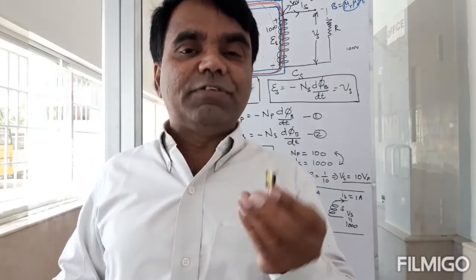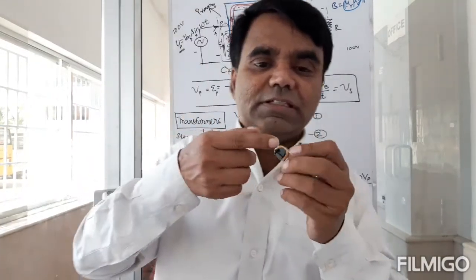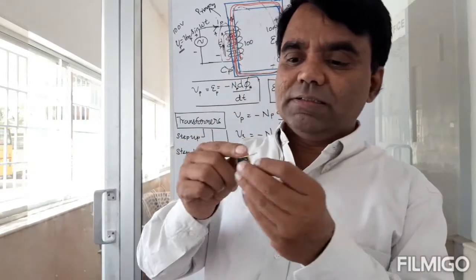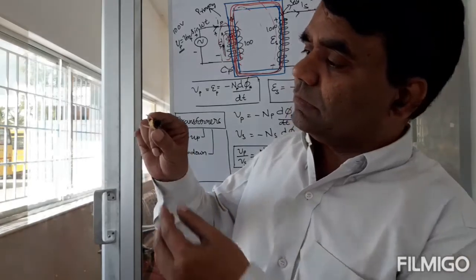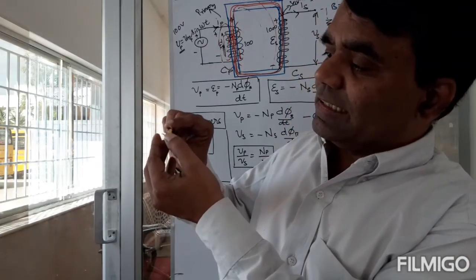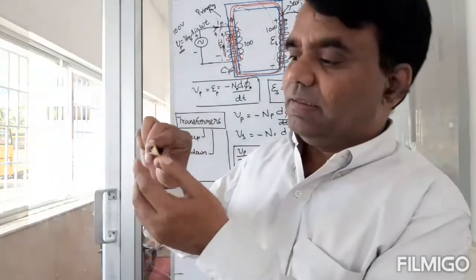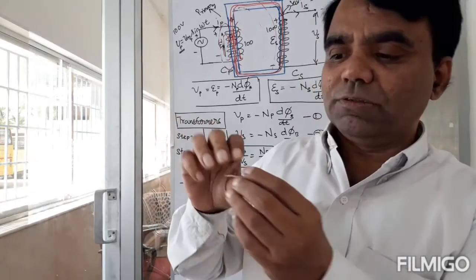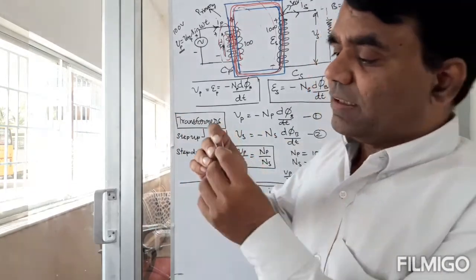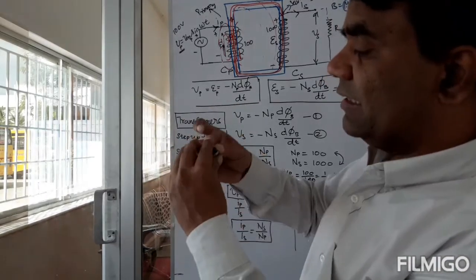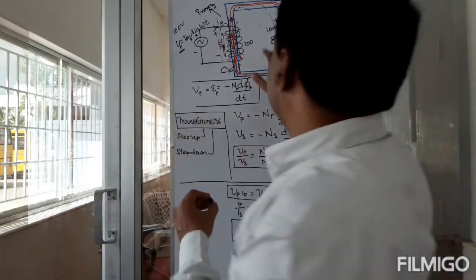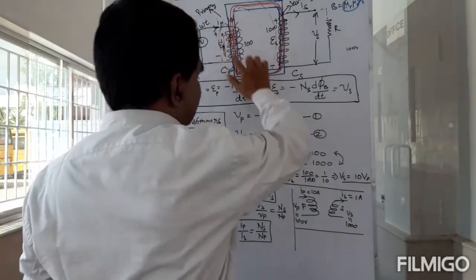But then I have a very small transformer, less than the size of my thumb. Okay, this is also a transformer. I don't know if you can see it clearly, but there are two windings here. But now this is a different kind of winding. Here I wound it like this.